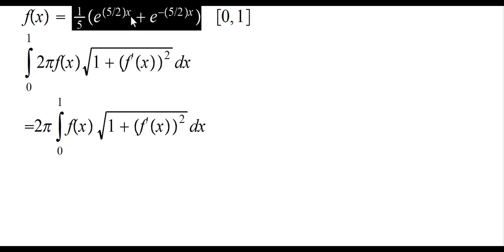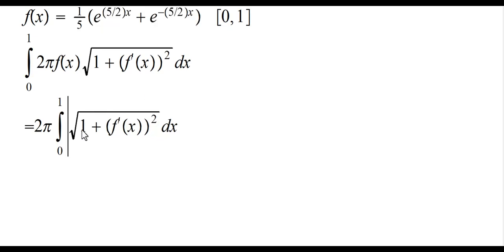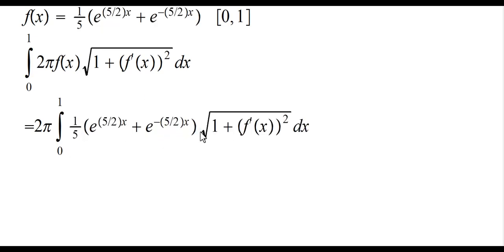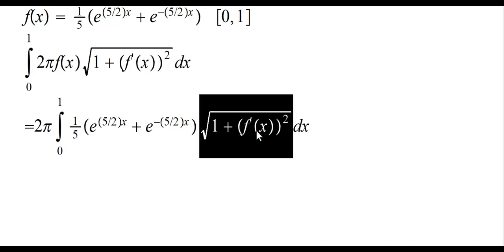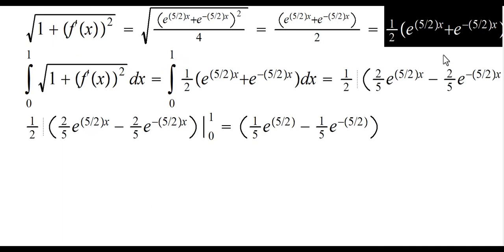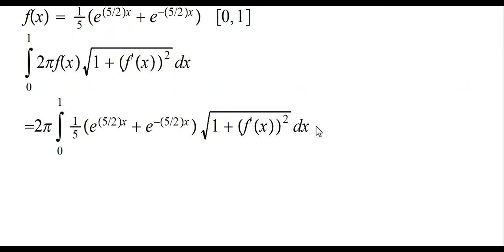And here we have our f(x), and if you remember, we just calculated this as simply 1/2 of e to the 5/2x plus e to the negative 5/2x, as in the original function.